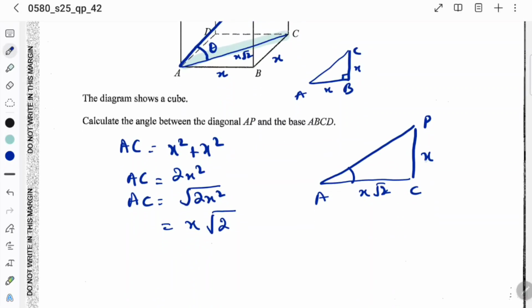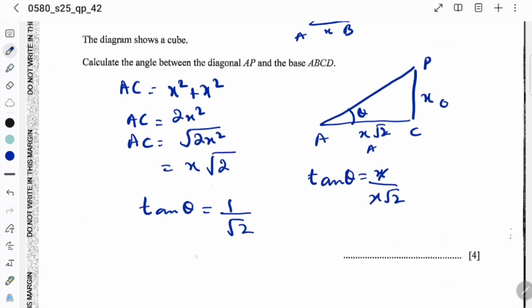So here you have adjacent and opposite. Tan theta is equal to x upon x square root 2. Cancel. Tan theta is equal to 1 upon square root 2. Theta is tan inverse 1 upon square root 2.